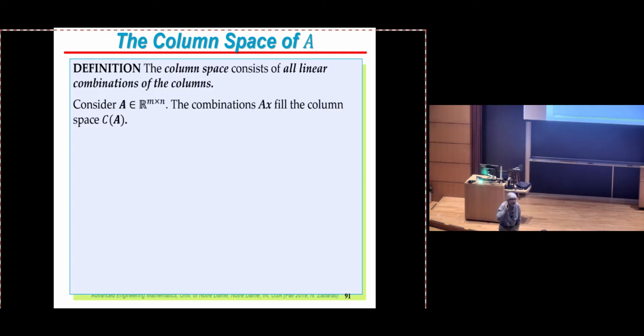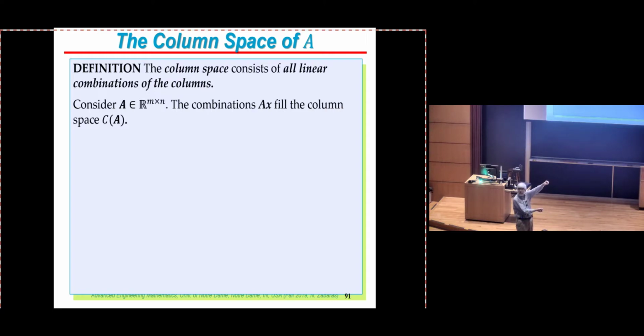So the column space is a subspace of what space? We said the column space has m elements, right? So the vectors in that space have m elements. So the column space C of A is a subspace of R to what power?